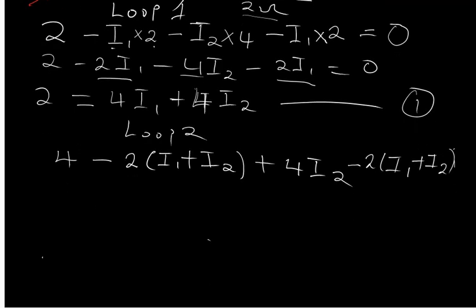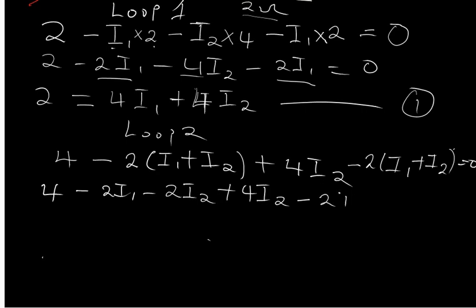Everything is equal to 0, don't forget. So let's open the bracket: 4 minus 2I1 minus 2I2 plus 4I2 minus 2I1 minus 2I2 is equal to 0.